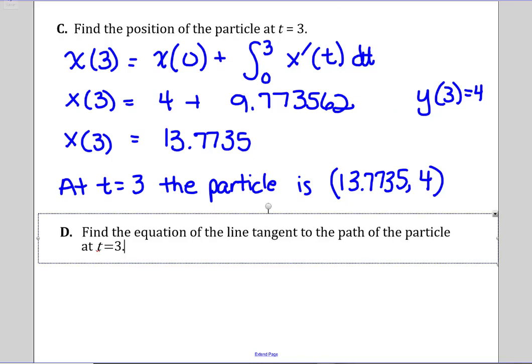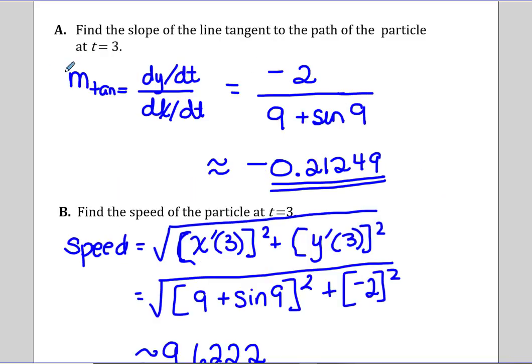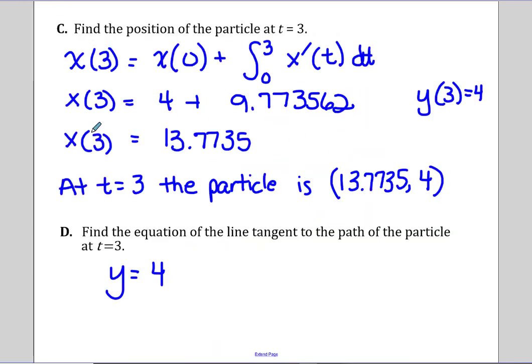Okay, so we want to find the equation of the line tangent to the path of the particle at t equals 3. So we know 4 is the y value, and using the tangent line equation, we'll have y equals 4, and our slope of our tangent line from part A was negative 2.1249.